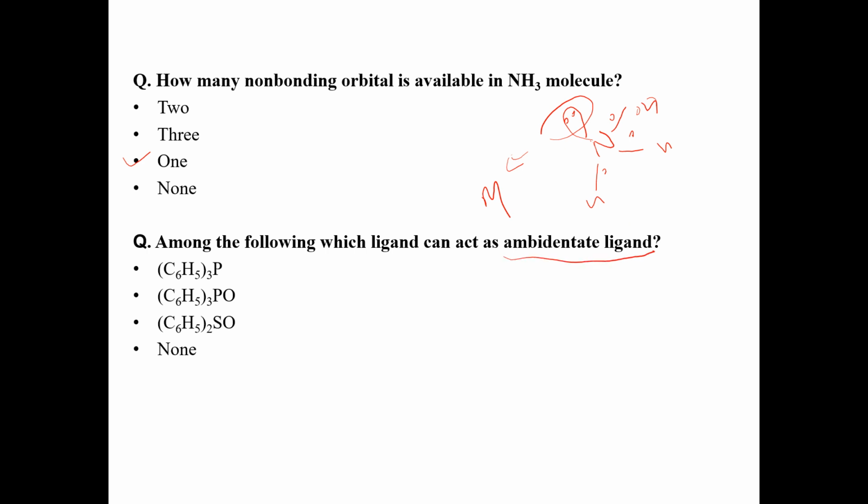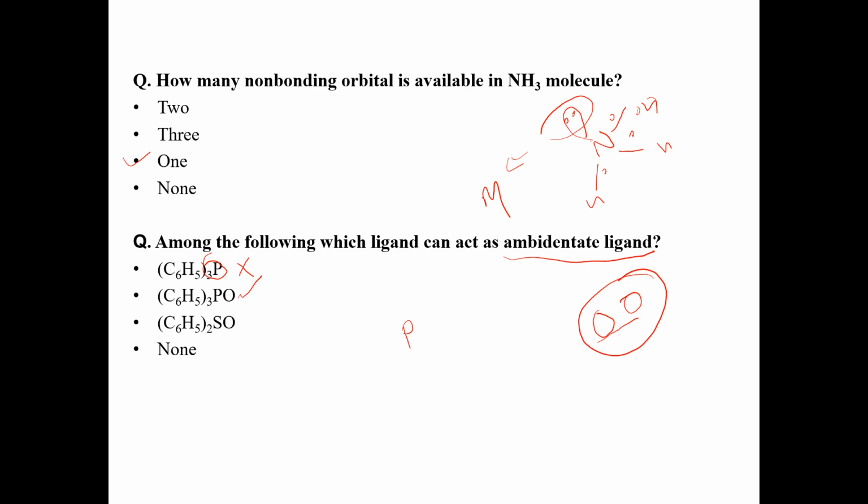Among the following, which ligand can act as an ambidentate ligand? As I have already told you, an ambidentate ligand is one which contains more than one donor atom, so it can join through any of them, right? For that purpose, both atoms should have lone pairs. In this case only phosphorus is there, so there will be no denticity here.